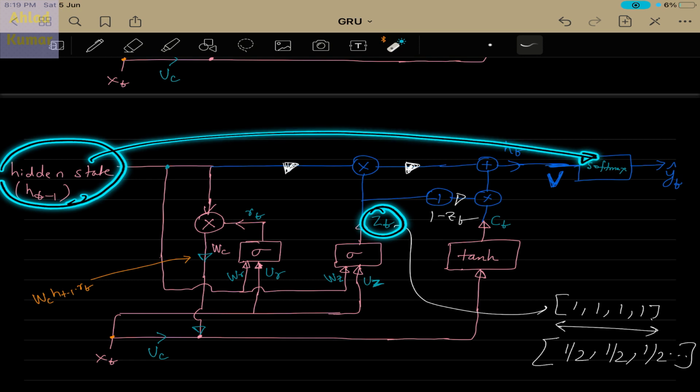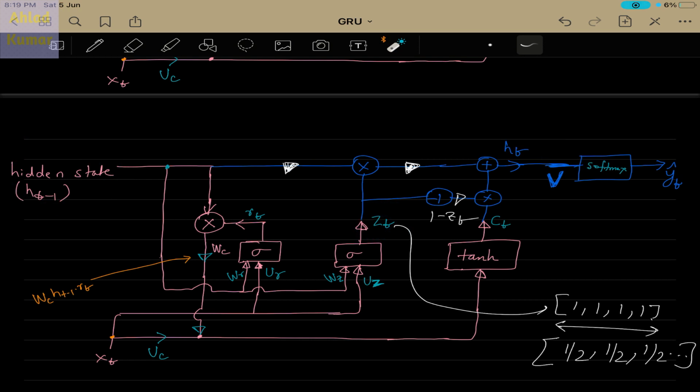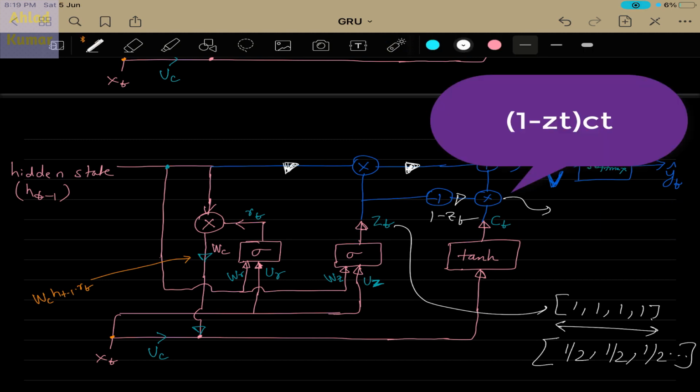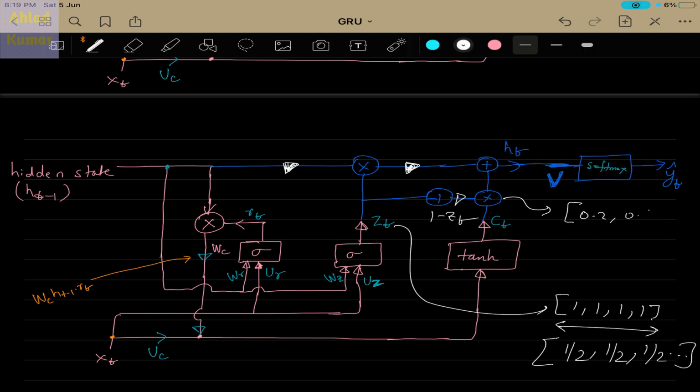So this ZT is acting as a controlling parameter which controls how much information has to be passed from HT-1 to HT. And the next thing that we want to discuss is what is happening with CT. So if CT is a vector of, let us say, 0.2, 0.1, 0.6, 0.8, something like this, then this particular value of CT is added to the old information of HT-1.